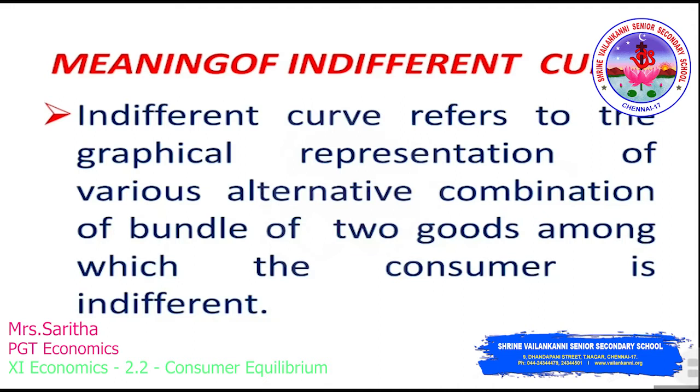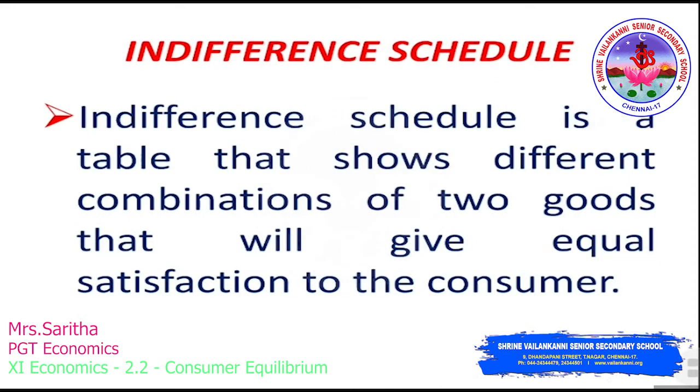Let us understand this with the help of an indifference schedule. An indifference schedule is a table that shows different combinations of two goods that will give equal satisfaction to the consumer.